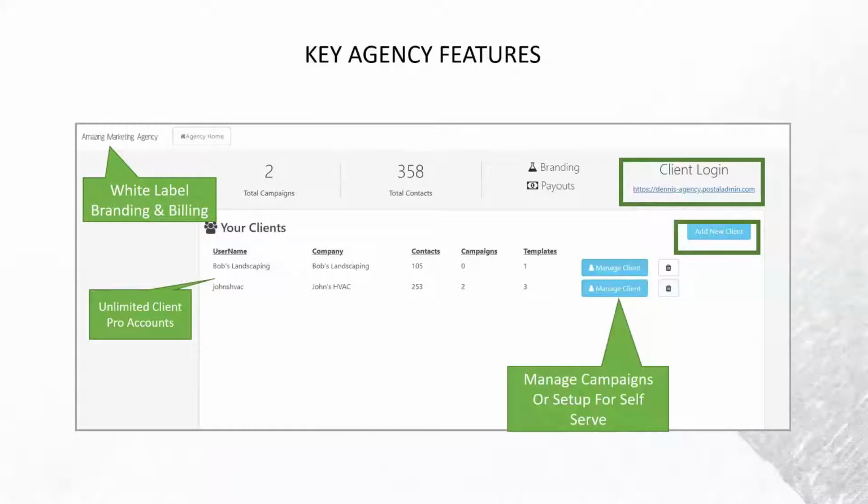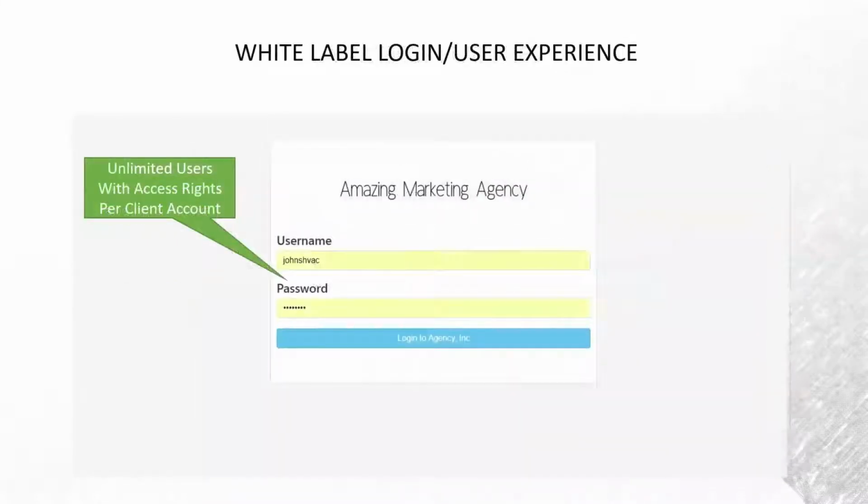And so depending upon whatever agency naming convention you come up with, you actually create a white labeled URL for your clients to log into with the specific username and password that you've given them. And so when they do that, here's what they're going to see. They're going to see their own white label login and ultimately user experience.